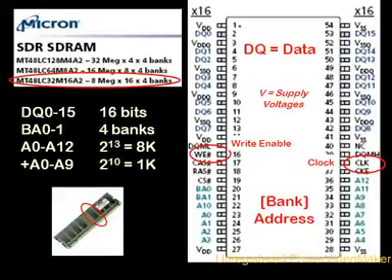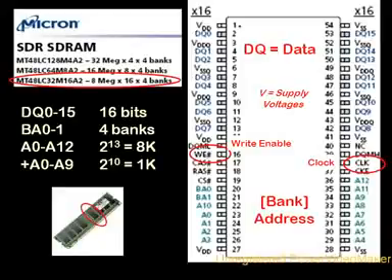The addresses are actually divided up into 4 banks, that's the BA lines. And then they use a little trick here. They actually strobe 2 sets of addresses across those address lines based on timing so that they don't actually have to have an entire 23 bits worth of addresses.